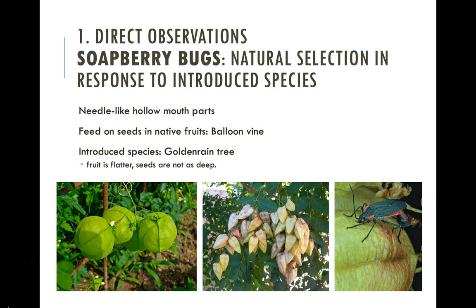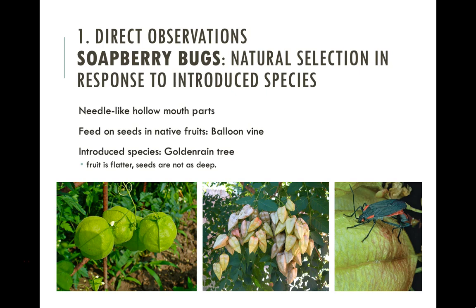One is these soapberry bugs. These are beetle-type bugs that live in Florida, and their population showed evolution in response to an introduced species of food. These soapberry bugs have long, thin, hollow, needle-like mouth parts.